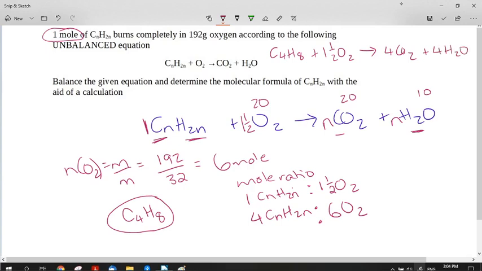And if the answer is yes, then, oh wait, rub this out here, not the 1.5. We want to turn this into the 6. If this turns out to be 6, then we've got the correct equation, but I'm pretty sure that it is C4H8.